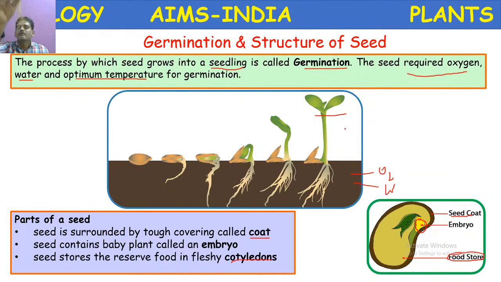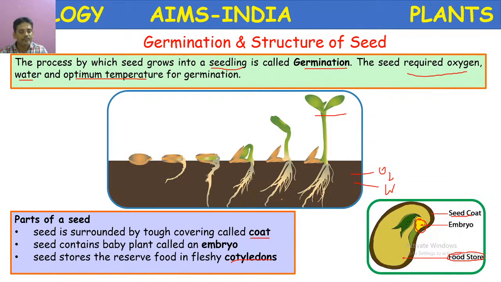Fibrous root system, example, grass plants. Taproot system, I have just shown you. Most dicot plants show taproot system. Monocot plants show fibrous root system. And flower: a flower is a reproductive shoot of the plant, and it forms the fruits and seeds after pollination and fertilization.